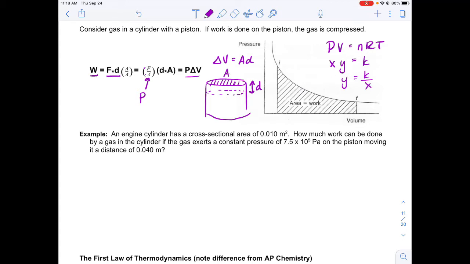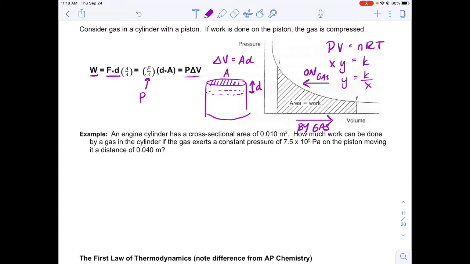Now, we have to be a little bit careful here because when volume expands, that is work being done by the gas. And when the cylinder is compressed, that's work being done on the gas.